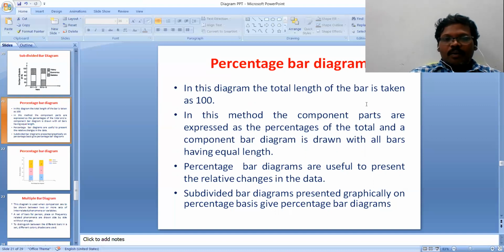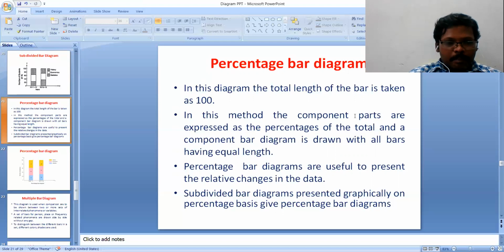In this method the component parts are expressed as a percentage of the total, and a component bar diagram is drawn with all the bars having equal length, and we can see the percentage of the sub components in the total group.